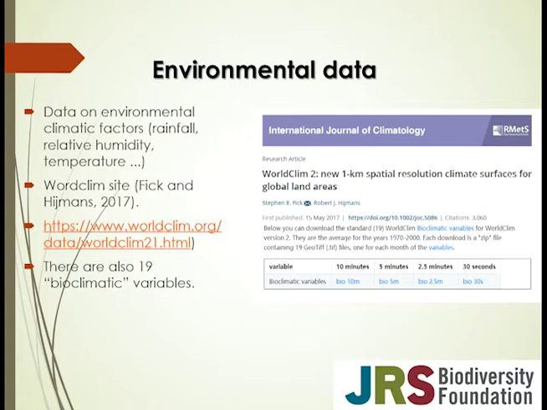It is maybe good also to add that the data actually correspond to the period of 1970 to 2000. And it was released on the site in January 2020. So it is one of the most recent data.